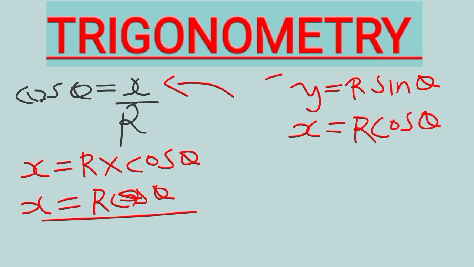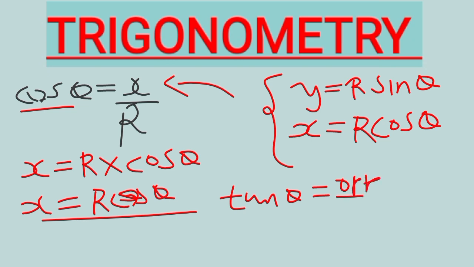Okay, so these two are going to help us find the first identity of tan theta. So how do we evaluate for tan? Because here we have seen that for cos we have found, and also for sine. Now let us try and evaluate for tan. So tan theta, the normal tan theta that we know, is opposite over adjacent.